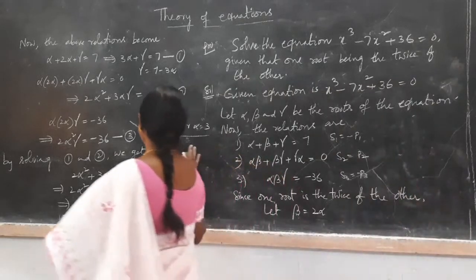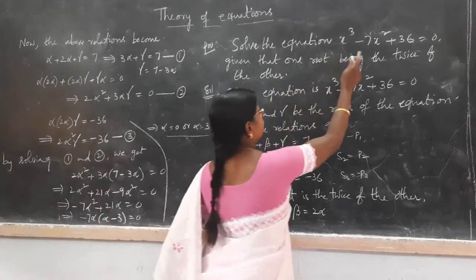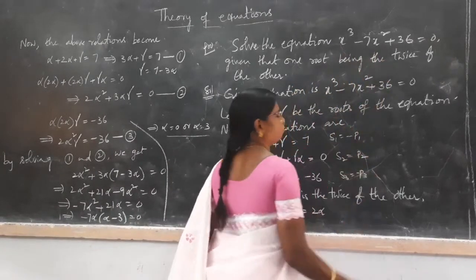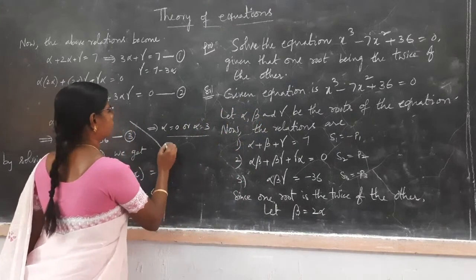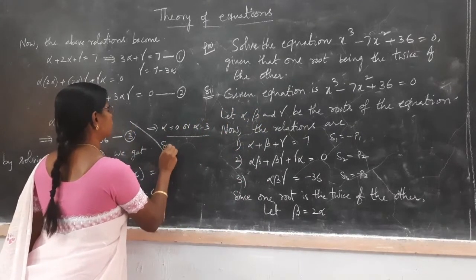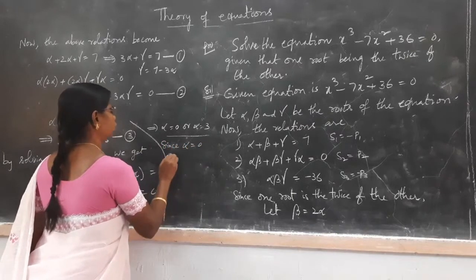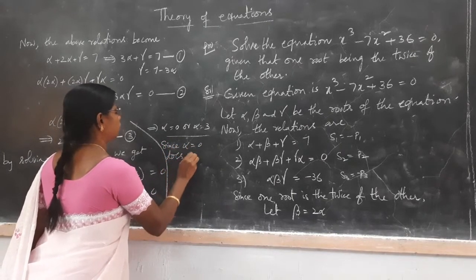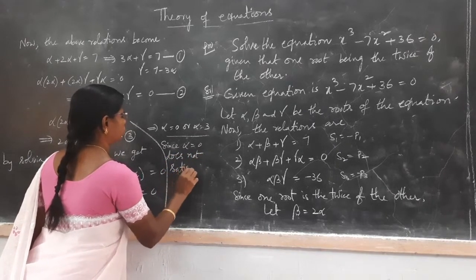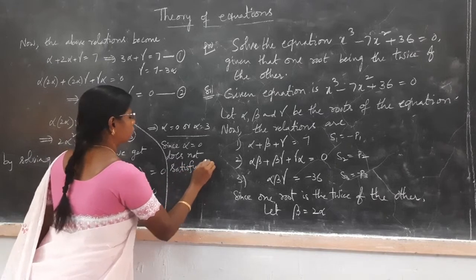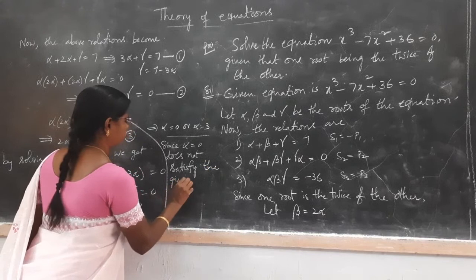If you check alpha is equal to 3, if you substitute 3 here, it will be satisfied.